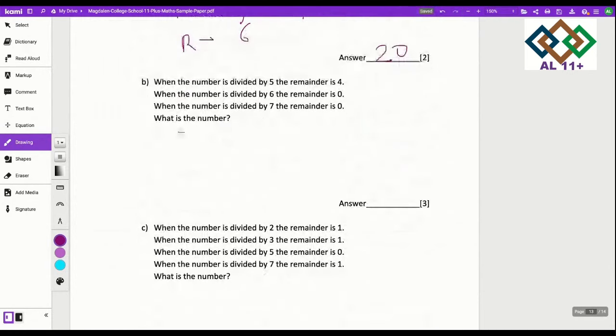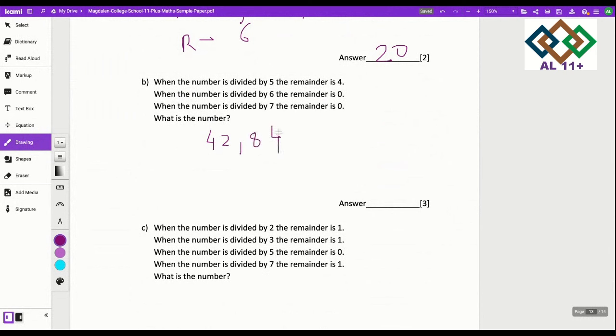And the next one, they are telling you that when the number is divided by 5, the remainder is 4. When the number is divided by 6, the remainder is 0. When the number is divided by 7, the remainder is 0. What is the number? So it's 42 and 84.